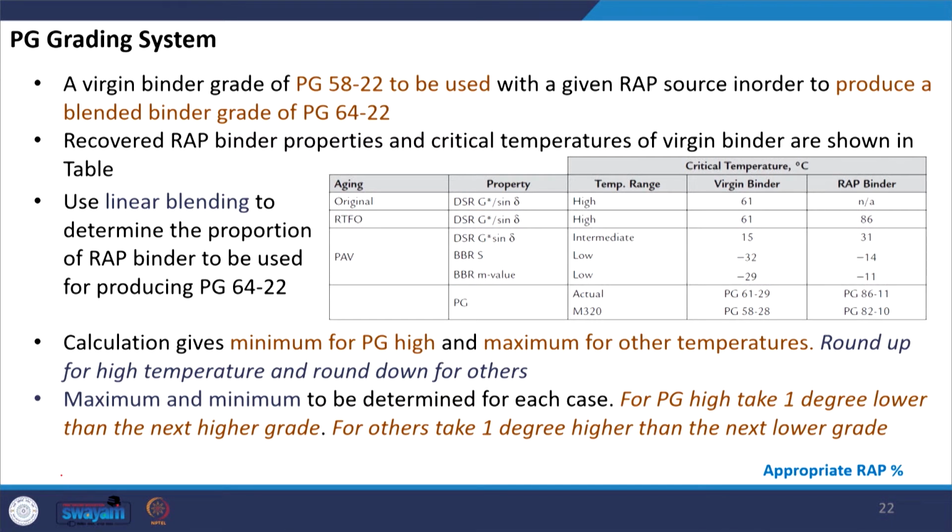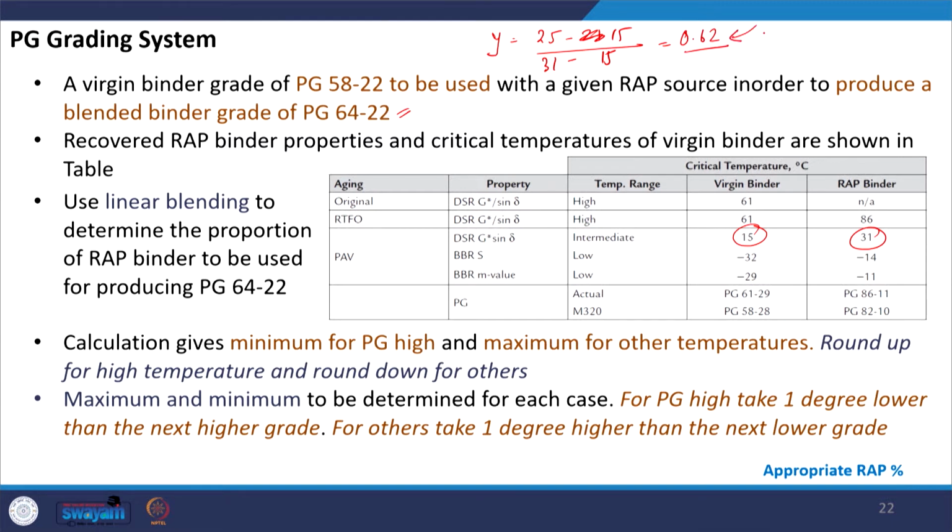Talking about the intermediate temperature now, we will use the same formula, Y is equal to 25 is the target minus 15 divided by 31 minus 15. If you do the calculation, this is 0.62.